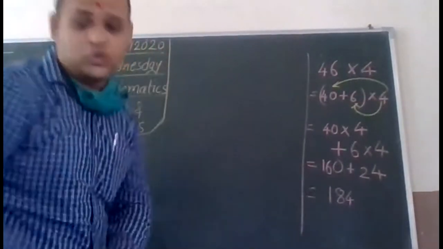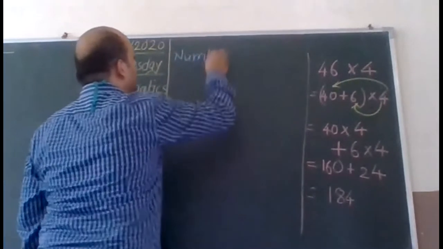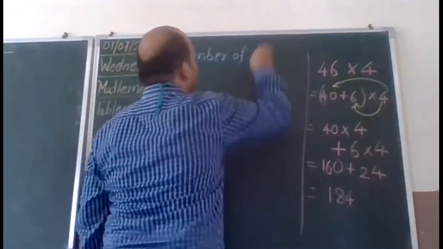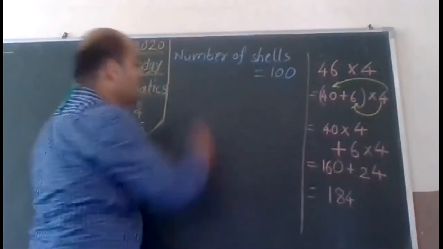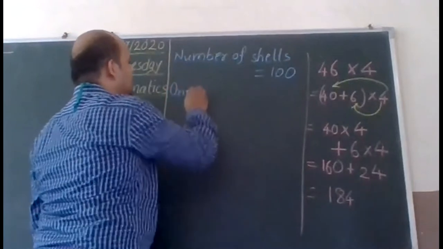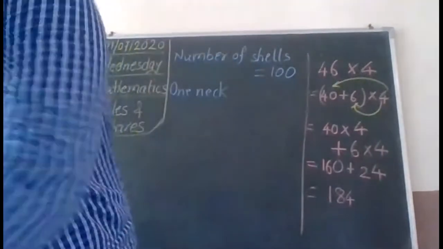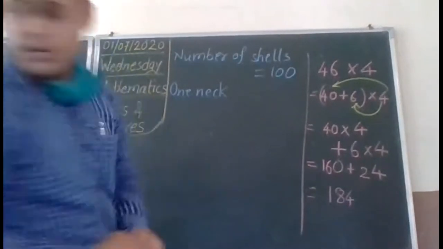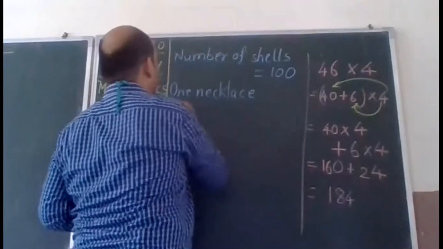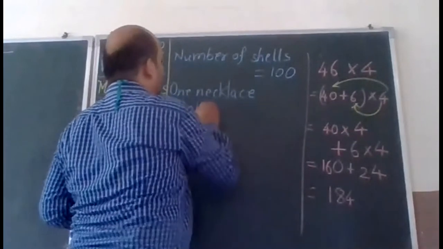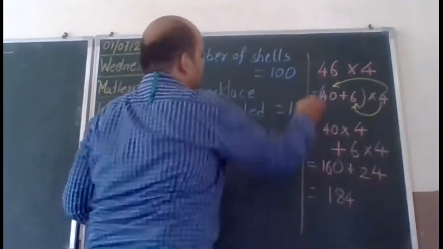Now how to solve the story sum? Number of shells is equal to 100. For one necklace, shells needed is equal to 17.